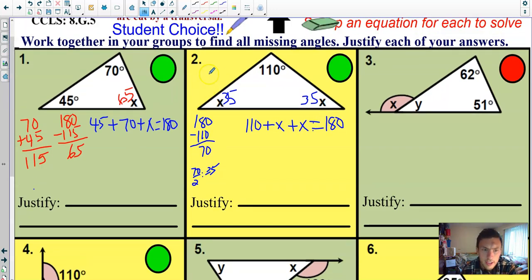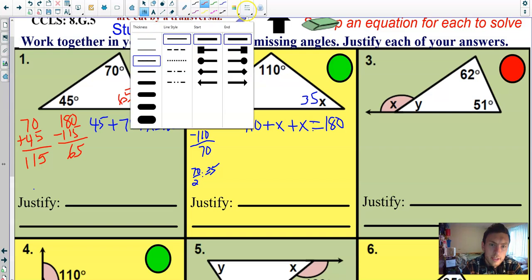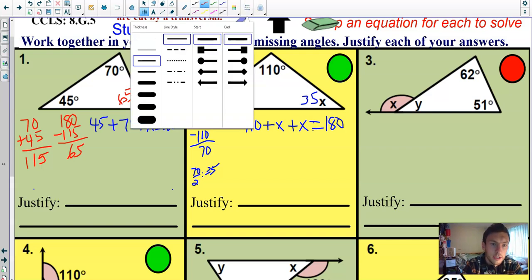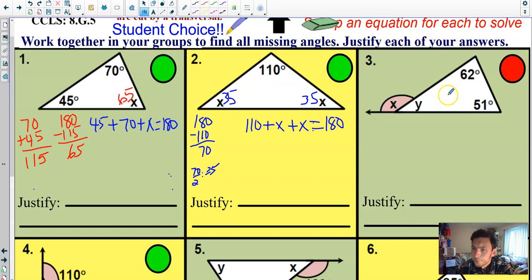Alright, number 3. And number 3 is a great question because you could do it in different ways. That's not the only reason it's a great question, but it's one of the reasons. So, it looks like we're looking for y, which is an interior angle, and x, which is an exterior angle. So, if I knew what x was, I could figure out y. If I knew what y was, I could figure out x. We can actually find either one of these first.